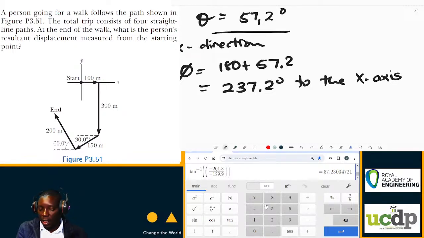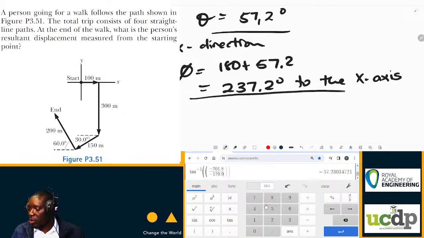So this can be our reference. It's 237.2 to the x direction.